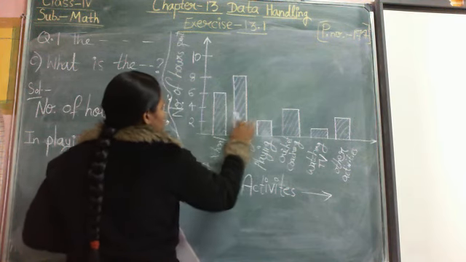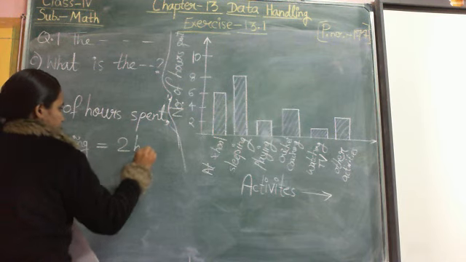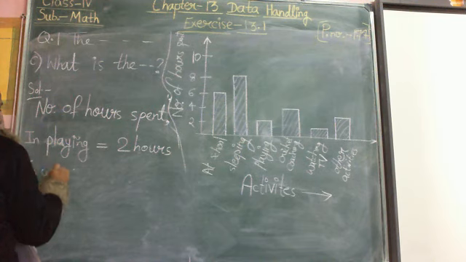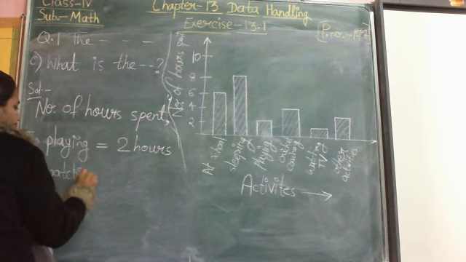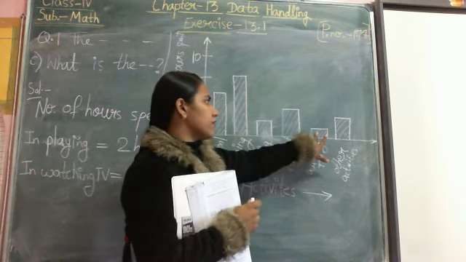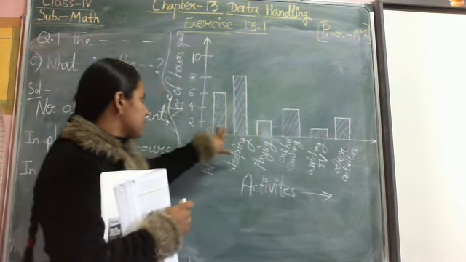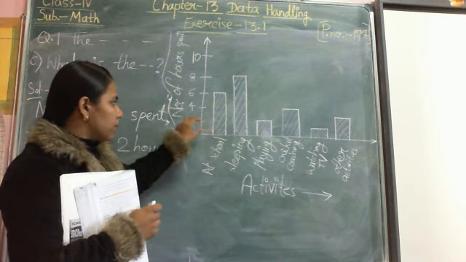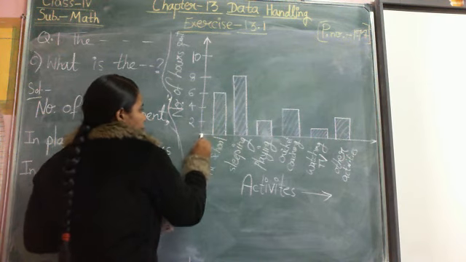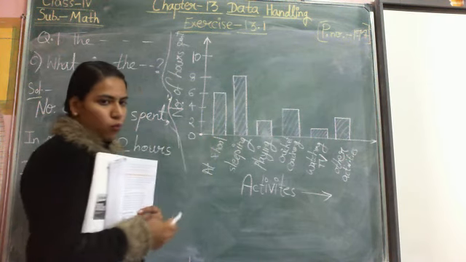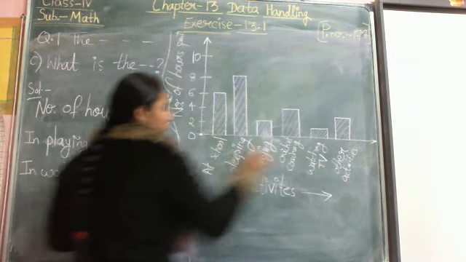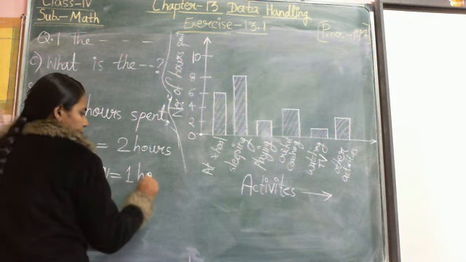It means 2 hours he spent. And in watching TV, how many hours did he spend? The length of the bar is up to half, between 0 and 2. This point, the meeting point of the vertical and horizontal line, represents 0. So the length of this bar is 1. It means 1 hour.